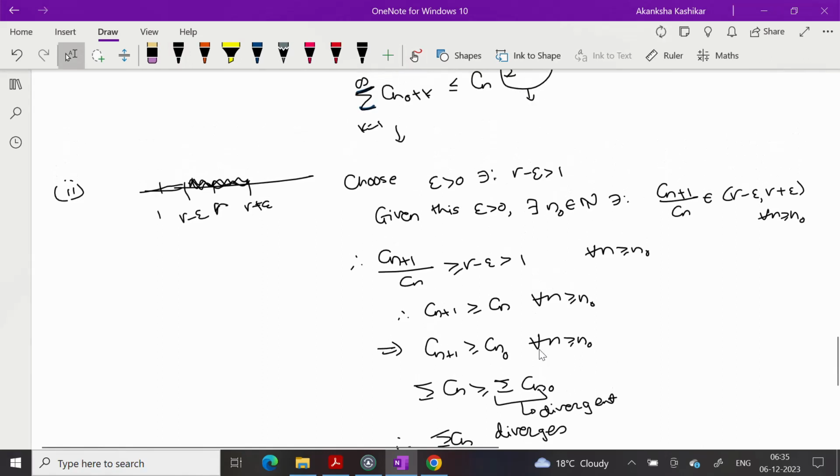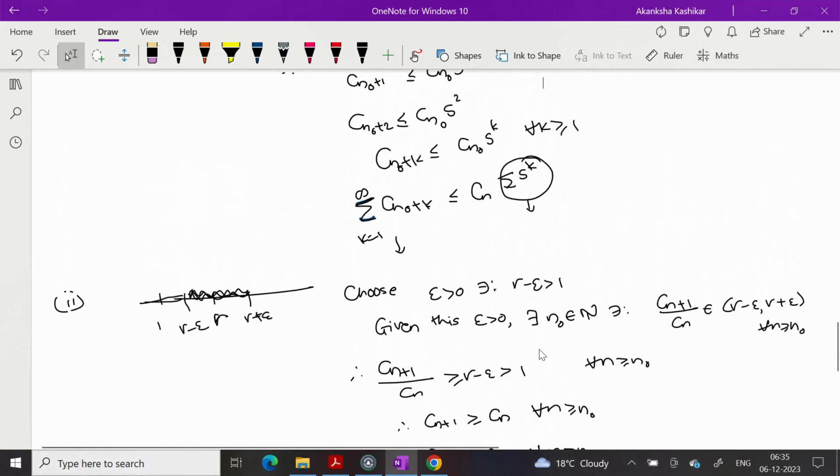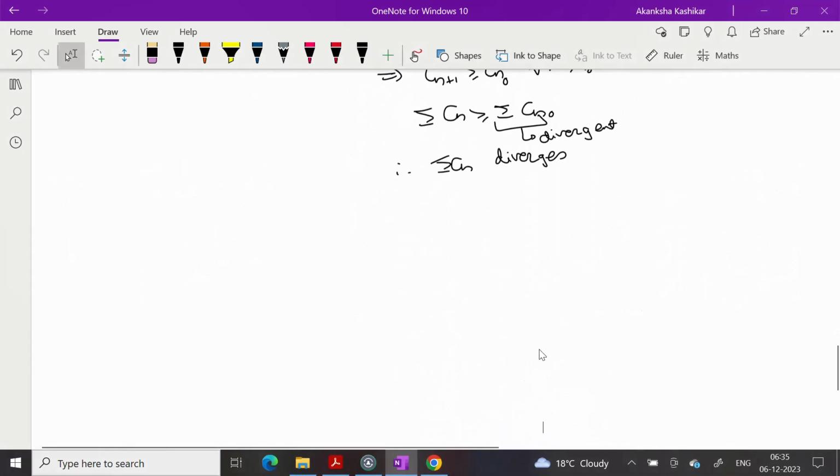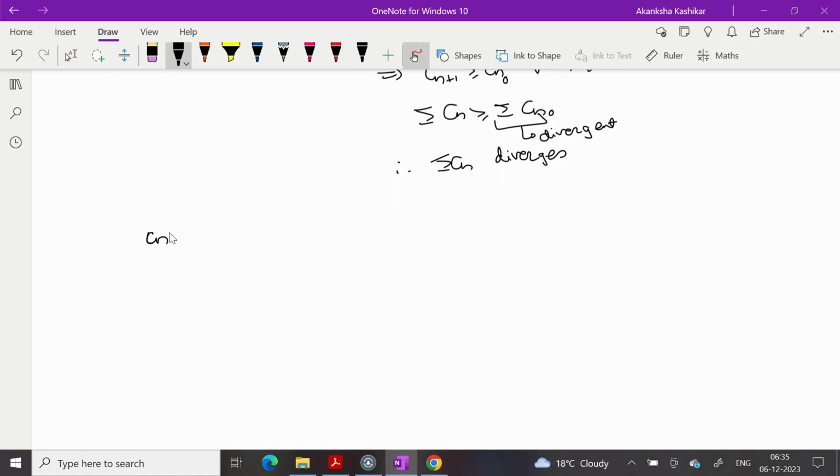Now for r equal to 1. For r equal to 1, why does the test fail? Test fails or test is inconclusive means we have both the possibilities. So consider Cn equal to 1 by n. Then limit of Cn plus 1 by Cn is 1, and we already know that summation 1 by n diverges.